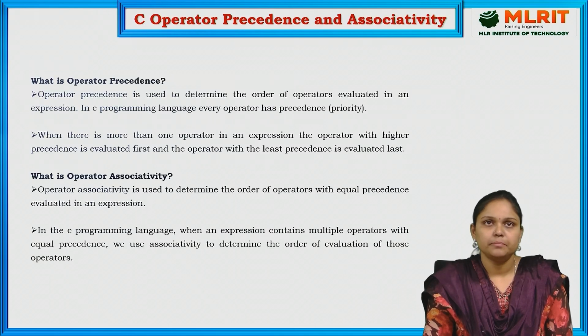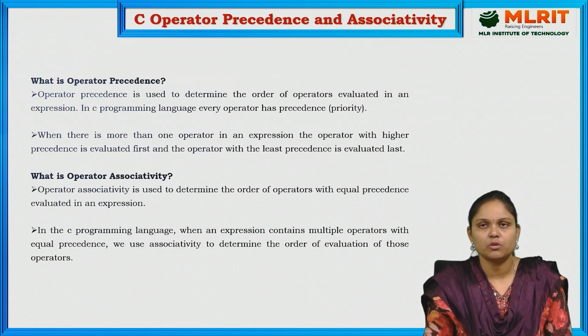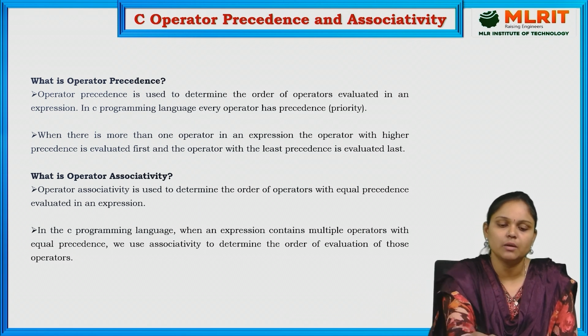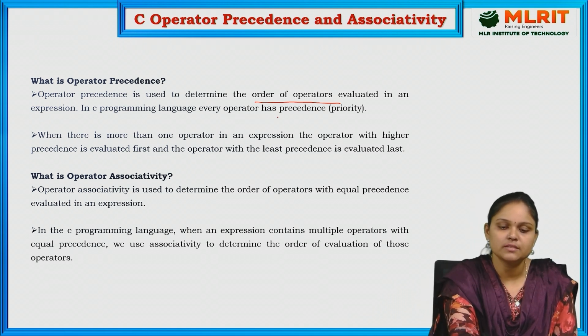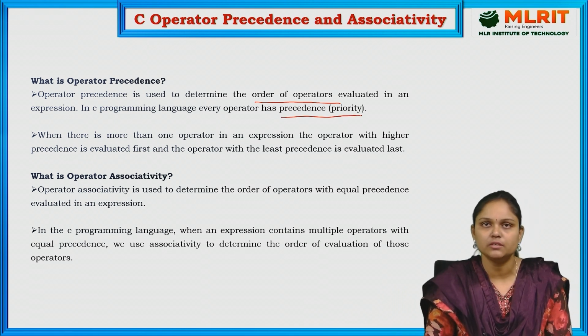So what is precedence? An expression has two main important properties: one is precedence and the next one is associativity. Coming to precedence, it determines the order of the operators, in which order the operators should be solved first. We also call it priority, that is, which operator we give the highest priority in that particular expression.